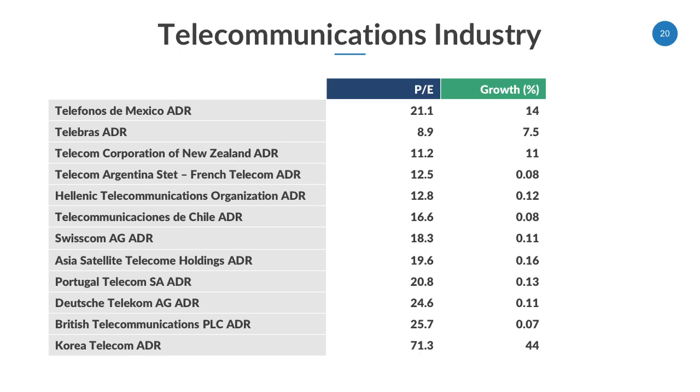Since the list includes some emerging market firms, they may be exposed to more risk, whether that be political risk, economic risk, or inflation risk, which should be accounted for in our analysis. In the case of Telebras, the company certainly has a low PE ratio at 8.9 times. The question is, does the growth profile of the company and/or the country risk justify the lower multiple?